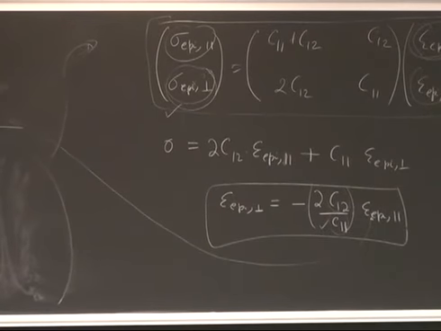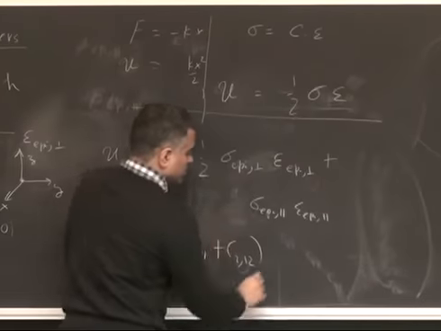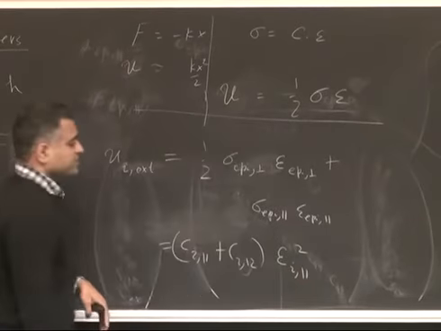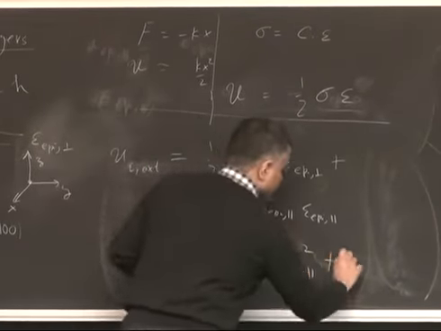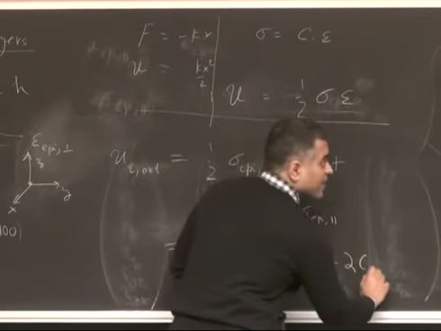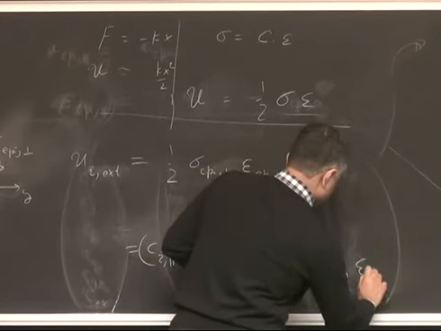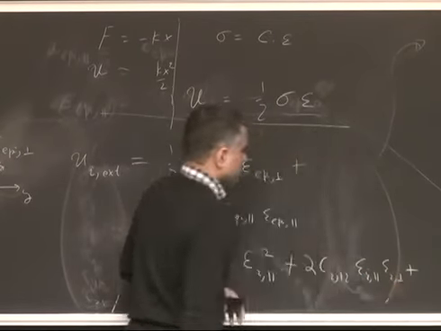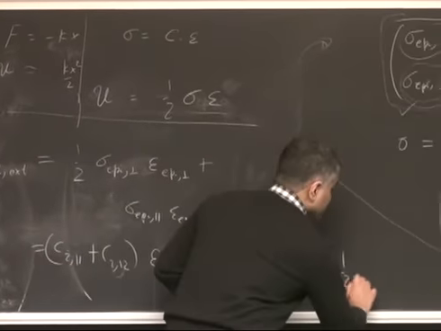Whatever is written there, plus C_I 12, and this goes as epsilon I parallel squared, plus, once you sum this all up, 2 C_I 12, perpendicular is 2, and then half C_I.